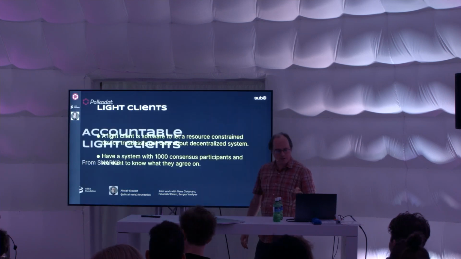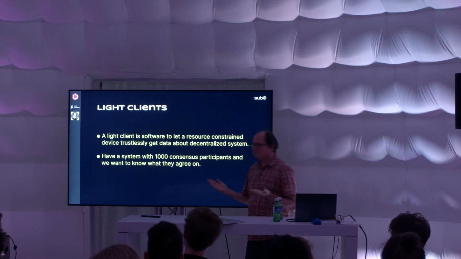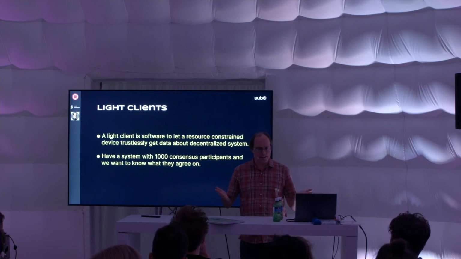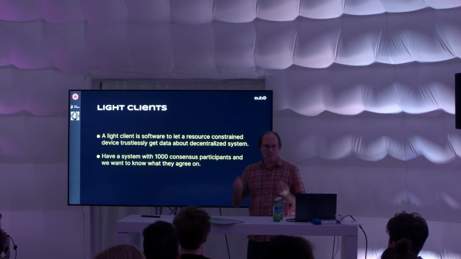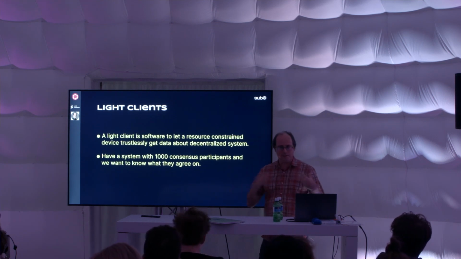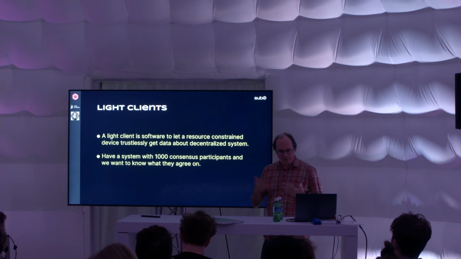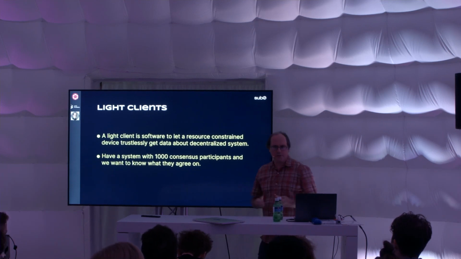Okay, so what am I talking about here? Light clients. Probably everyone here knows what a light client is, right? It's software where we want to follow blockchain consensus and get data from the blockchain, but we want to do it on a resource-constrained device.